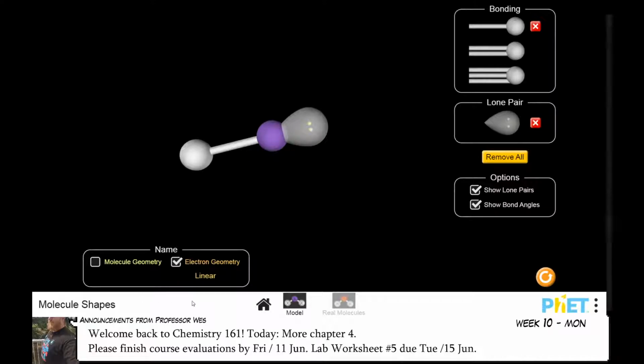And the bond angle that a linear entity makes is 180 degrees. So we're going to write that on the sheet here, which you can't see just yet. I'm just writing down all the remaining bond angles here real quick.